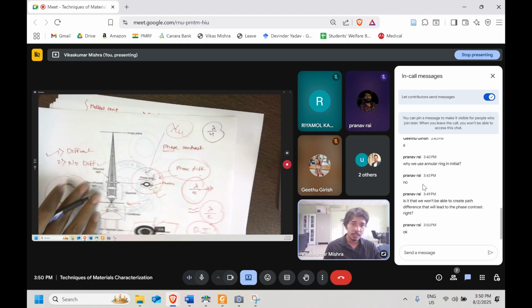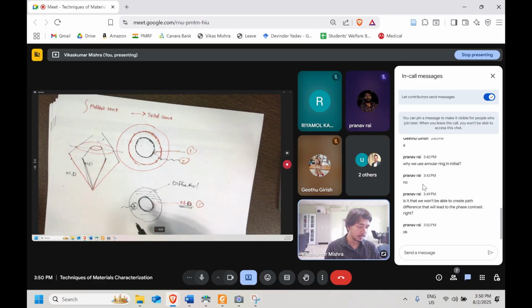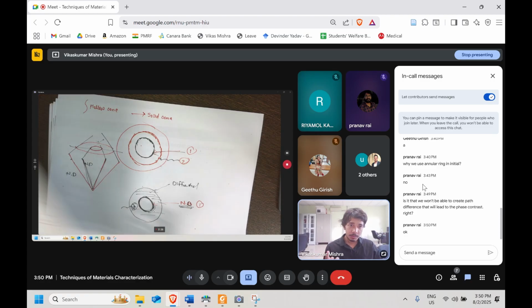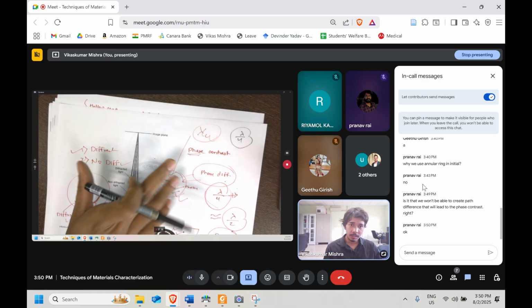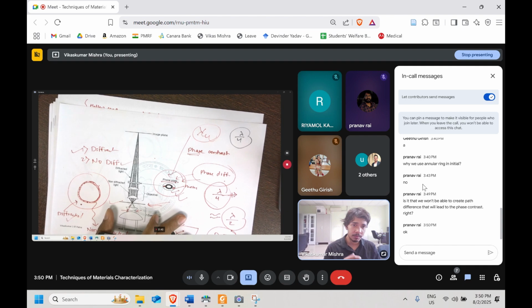So to avoid this leakage, what is the leakage here? The leakage is that you are allowing the non-diffracted beam to pass through the region which was meant for the diffracted beam. Since there is no path difference, we are not able to generate the phase difference. That is the reason why we are not able to see anything. Sorry, we will only see the bright spots.